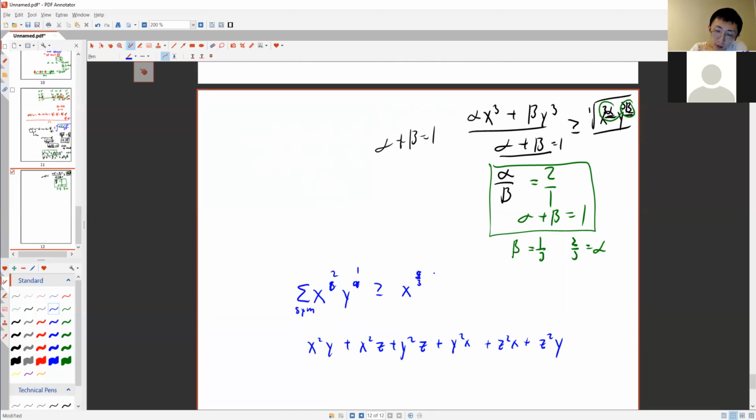Let's make it 5/3, 2/3, 2/3. So I think these are degree 3 things. So we make a symmetric sum out of this. So this is supposedly greater than or equal to x to the 5/3, y to the 2/3. There's 2 of these because we can swap the x, the y, and the z, and then 2 of these, and so on.